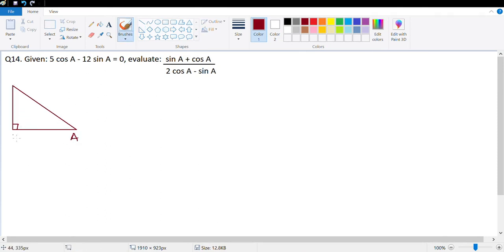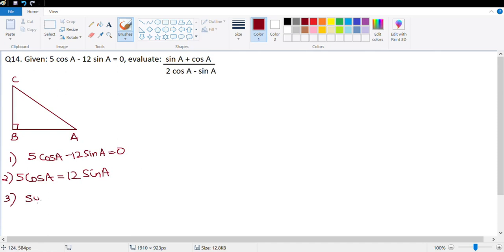Let's say this is angle A, this is B, and this is C. So what's given is 5 cos A minus 12 sin A is equal to 0, which means 5 cos A is equal to 12 sin A, which means sin A upon cos A is equal to 5 upon 12. Now in this case, this is equal to tan A, and in this specific diagram, the way we've done it, tan A would be equal to perpendicular, which is BC, upon base, which is AB.